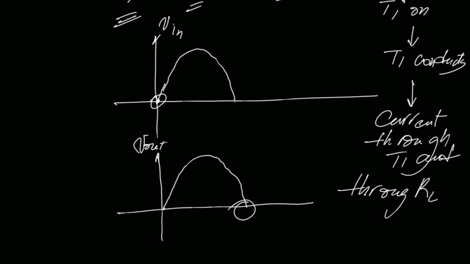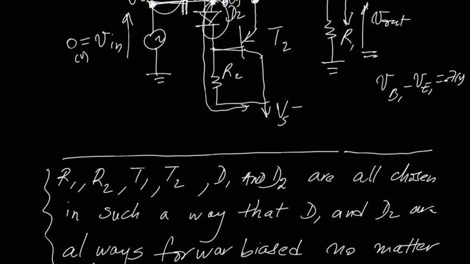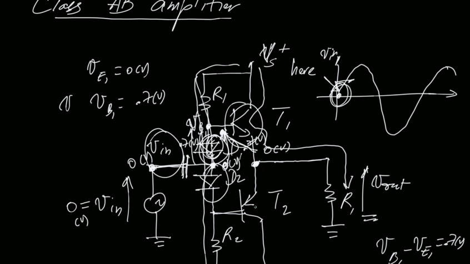As soon as it drops a little bit below 0, what happens to this second transistor? Let's say that we are just slightly below 0. Between here and here, I have 0.7 volts. And if this one is also at 0, that means between here and here, I also have 0.7 volts.